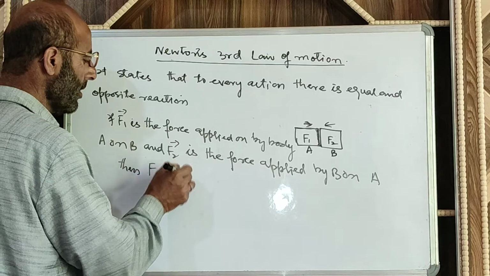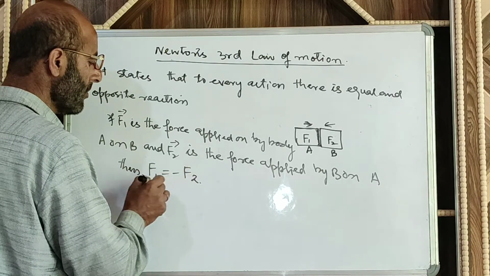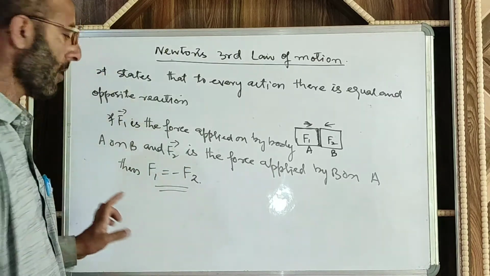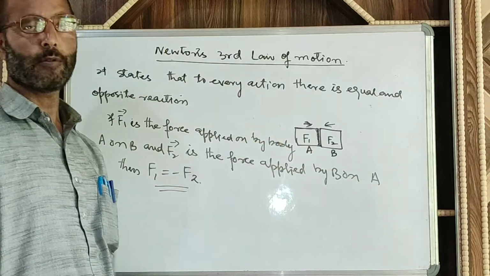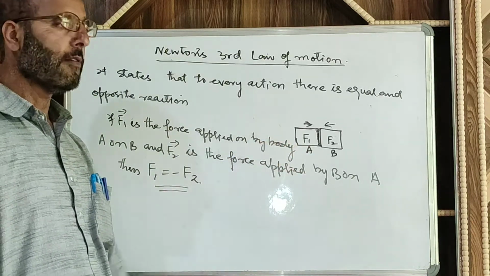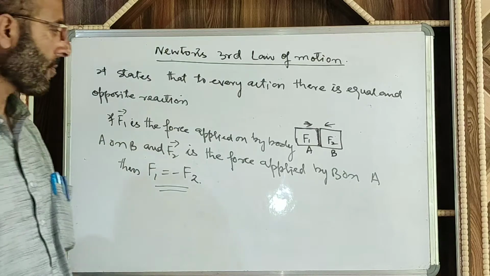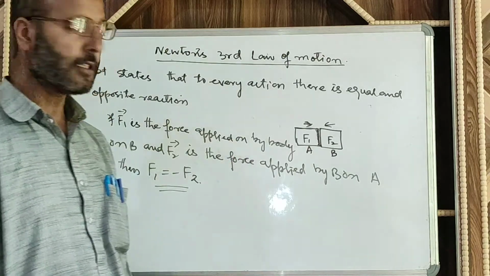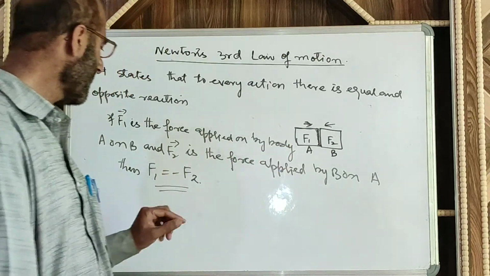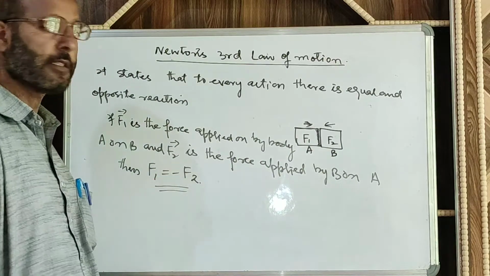F1 will be equal to minus F2, because these are equal and opposite. So when two bodies apply force on each other, the forces are equal and opposite. That is, F1 is equal to minus F2.